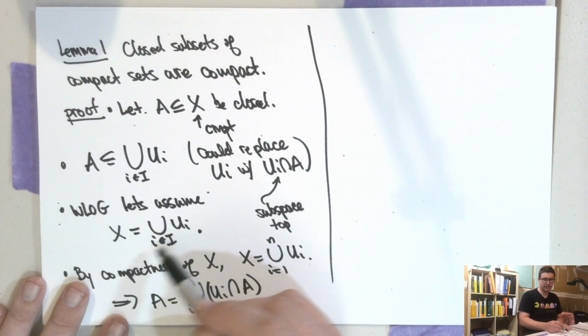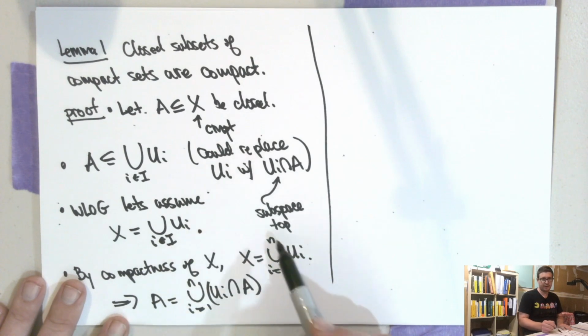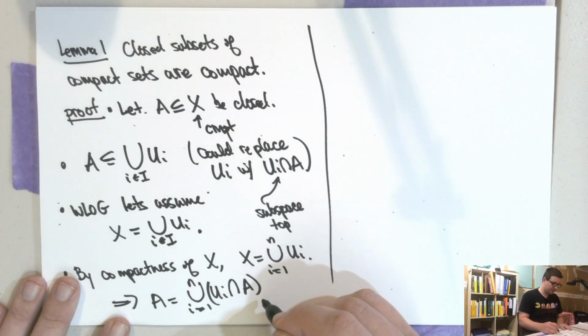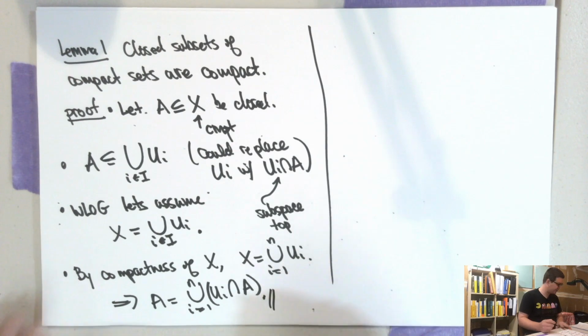I'm just going to relabel the n of these that appeared like this. Okay? So then we have this, and this proves the result.